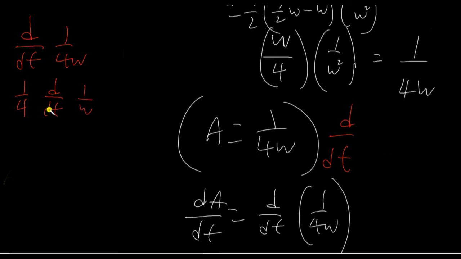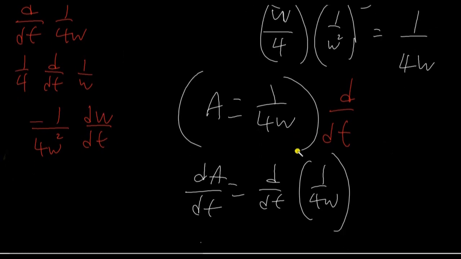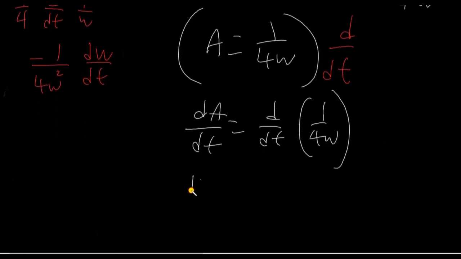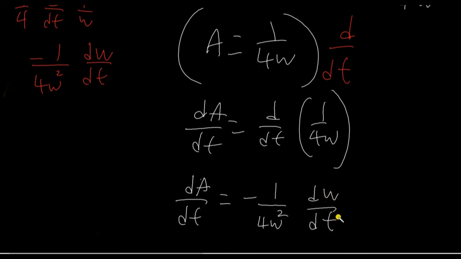And if I do this, I'm going to get negative 1 over 4w squared. And then because of the chain rule, I'll get dw/dt, if you want to think about it by implicit differentiation. So I'll get dA/dt is negative 1 over 4w squared times dw/dt, and we'll just plug in these values.